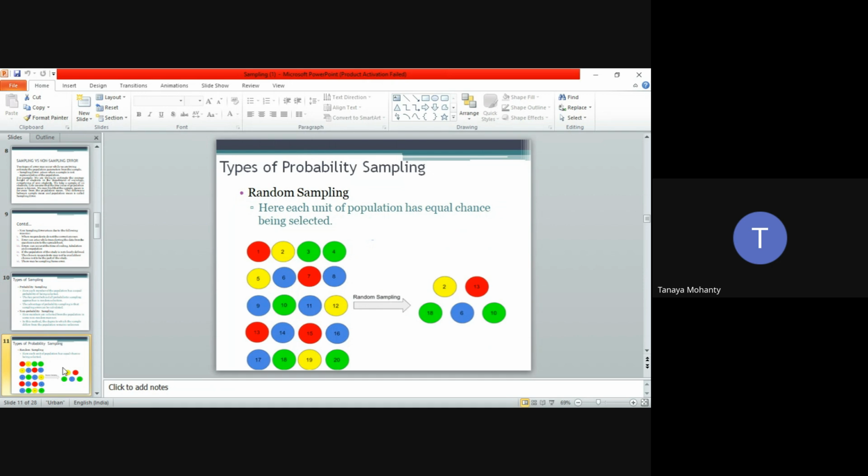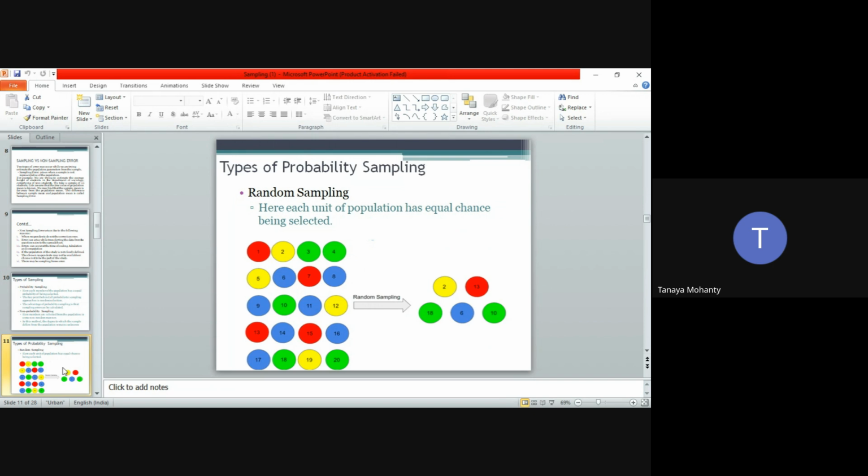So, this is an example of random sampling. Here, each unit of the population has an equal chance of being selected. So, there is a yellow ball, there is a red ball, there is a green ball, there is a blue ball. Anything can be selected.